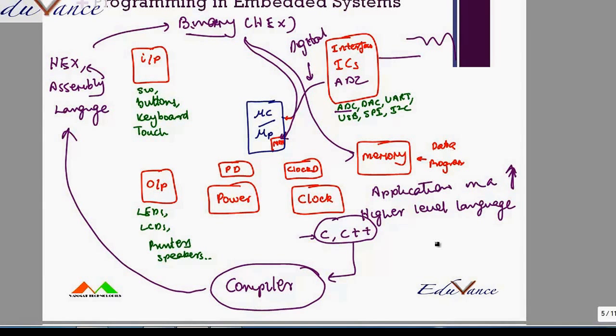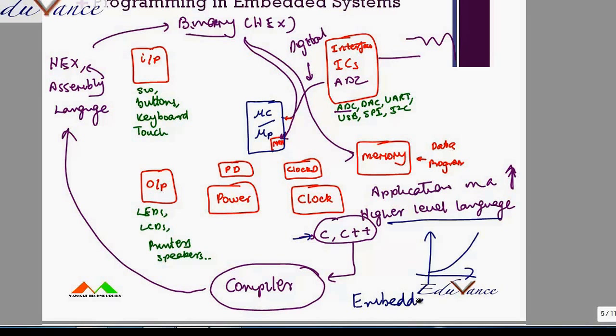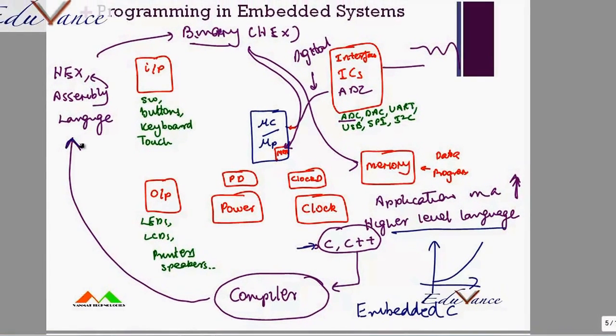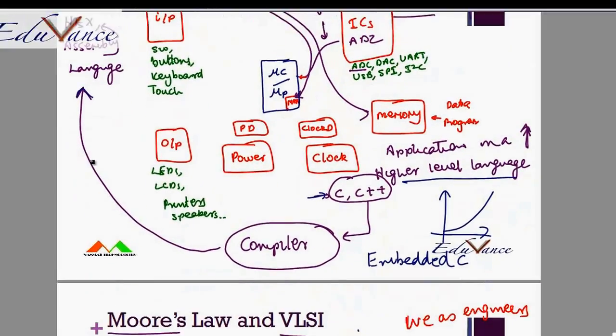But then as we write larger programs, the complexity increases and hence the number of instructions increases. So we prefer using a higher level language like C, C++. In today's world, we also call it embedded C. And then we put it through a compiler that then converts it to hex, and then we go through the same process.